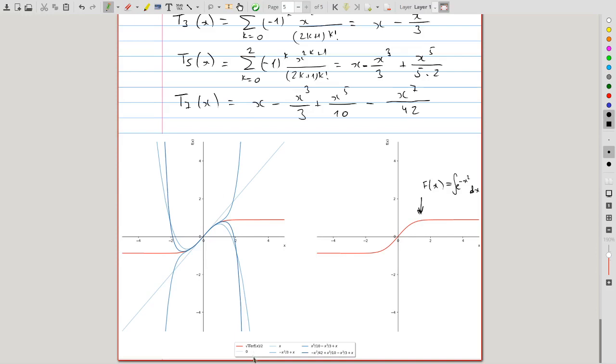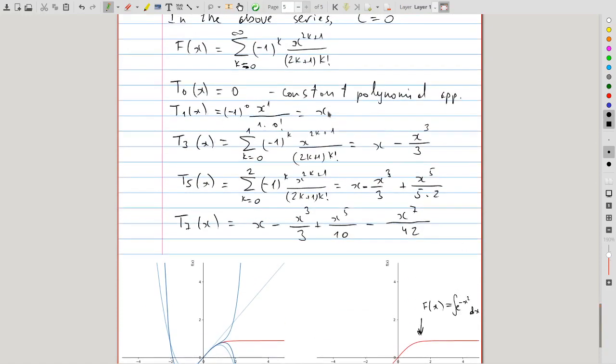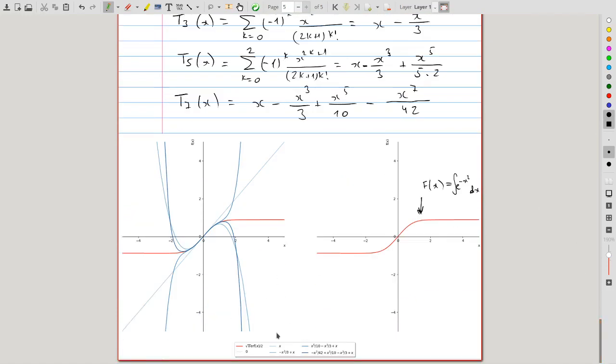So you see that the darker the color here is, the higher the degree of a polynomial. So first there is the constant polynomial, which is just 0, which we cannot see because it coincides with the x-axis. Then there is the linear polynomial, which we obtained as t1 of x, which was just x, and so you can see it over here.